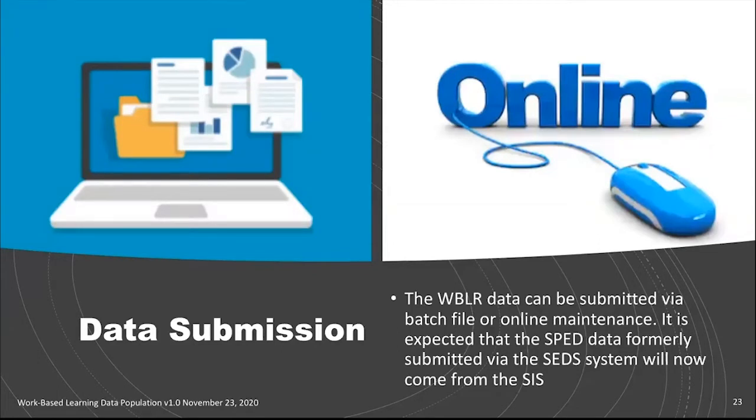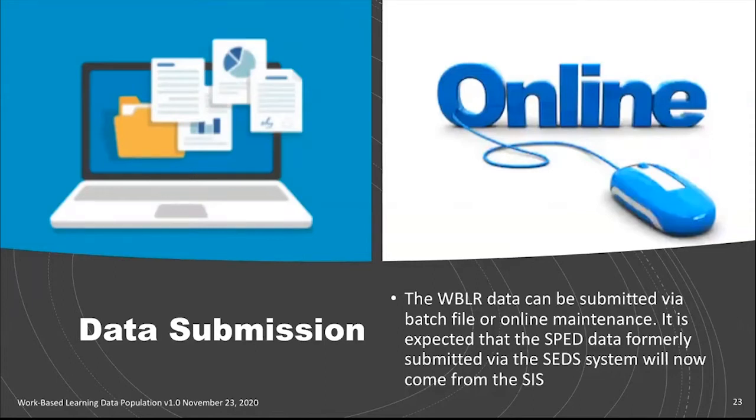The WBLR file format uses the replacement processing method by academic year and school of attendance and is used for batch processing. So what this really means is that the submitted files replace existing records in CalPADS when the School of Attendance, Academic Year ID, SSID, and work-based learning type codes match between the existing records in CalPADS and the new data that is submitted in a file.